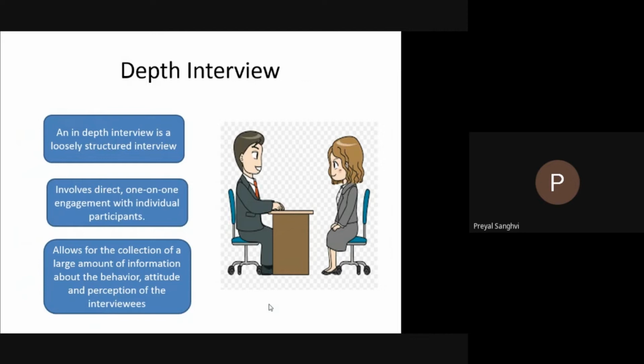It allows for the collection of a large amount of information about the behavior, attitude, and perception of the interviewees. So here one-to-one discussion between researcher and respondent is possible. So this is about the depth interview.